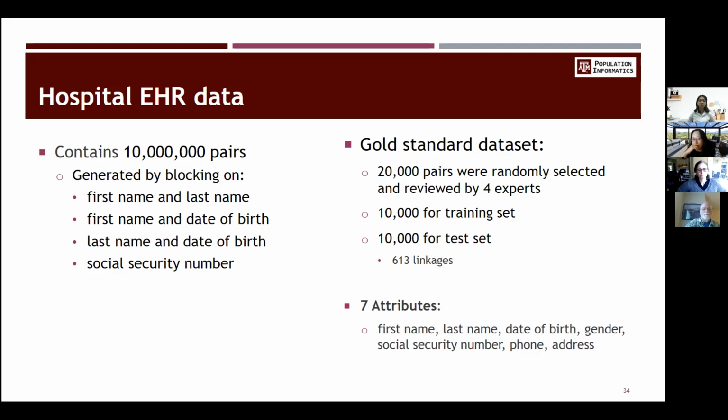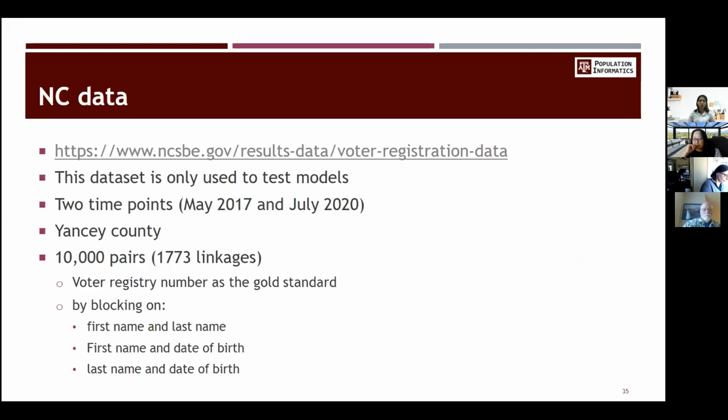There are 630 linkages in the test set that we want to find. For record linkage, we use 7 attributes: first name, last name, date of birth, gender, social security number, phone, and address.